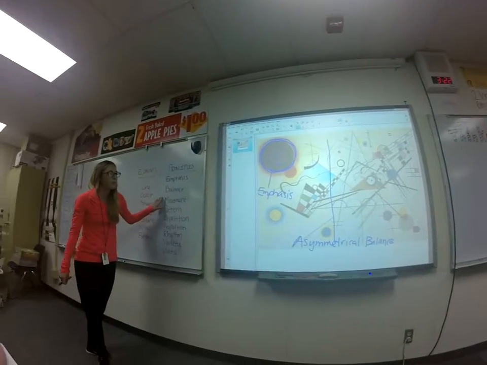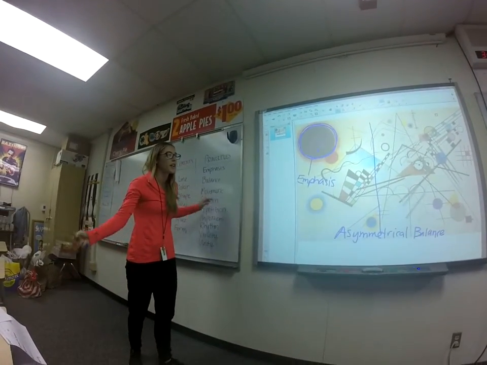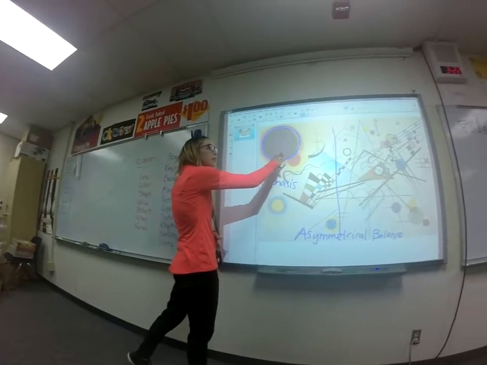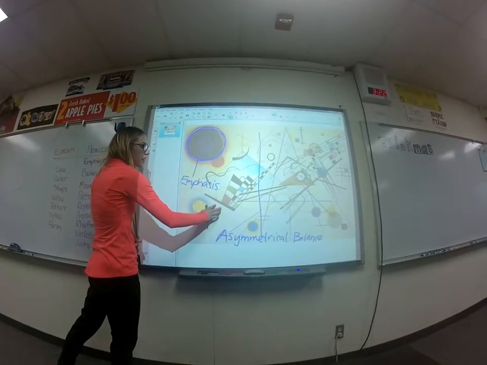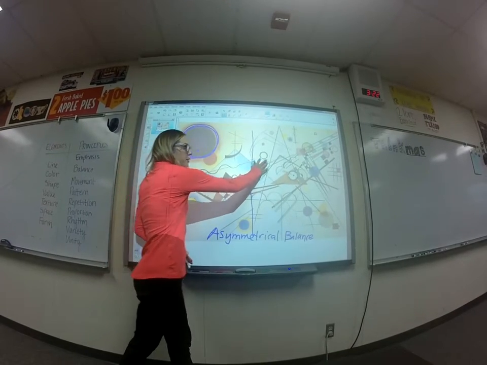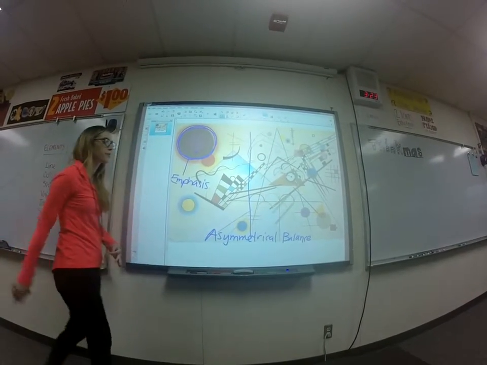What about movement? When you first look at the painting, your eye goes here, and then this shape kind of brings it around through here. There's a lot of movement in this piece.